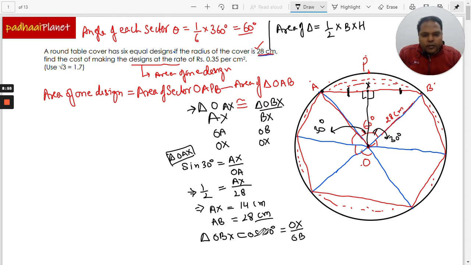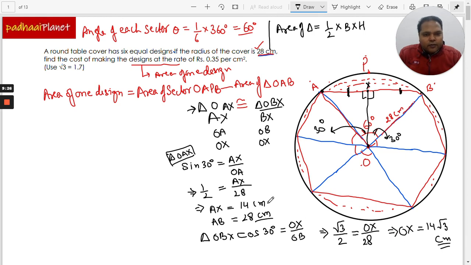So we already know the value of cos 30 degree, that is square root 3 upon 2, is equal to OX, which we need to find out. The value of OB is 28. So we can say that the value of OX is equal to 14 square root 3 centimeters, right?